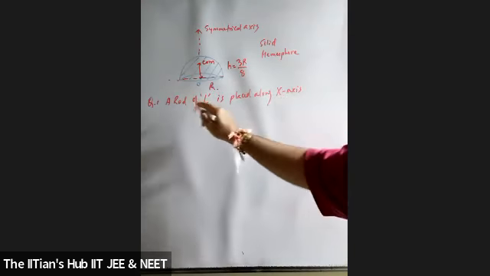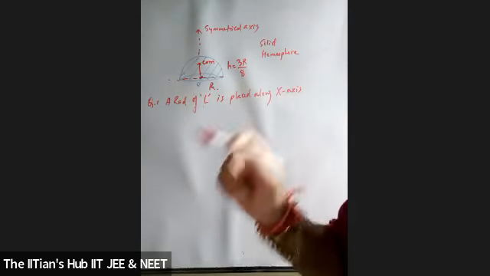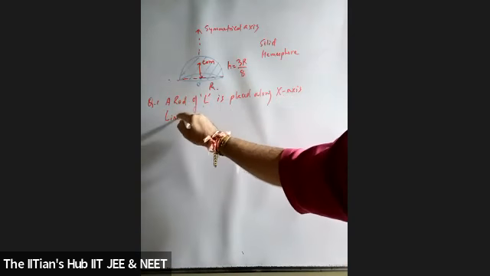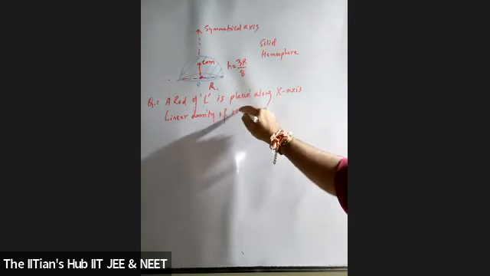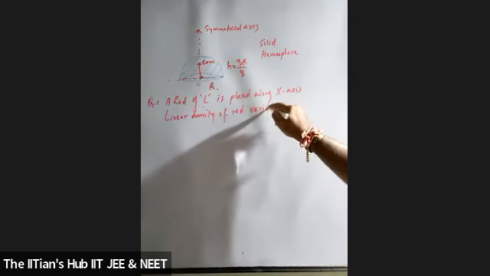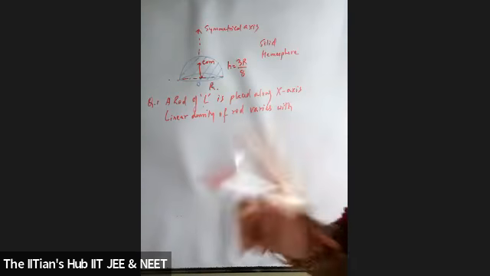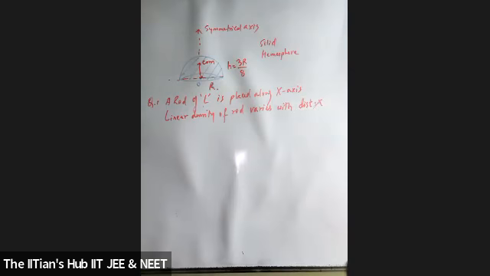The linear density of the rod varies with distance along the x-axis, distance x.